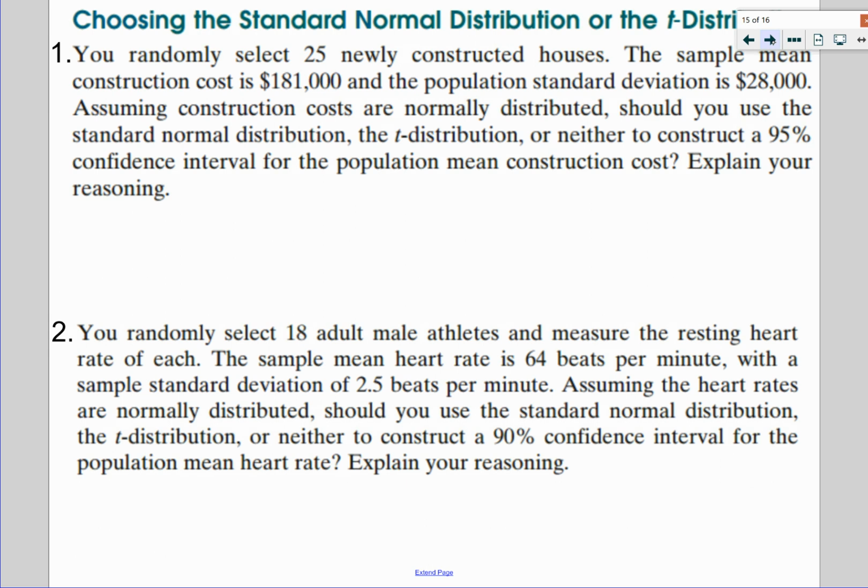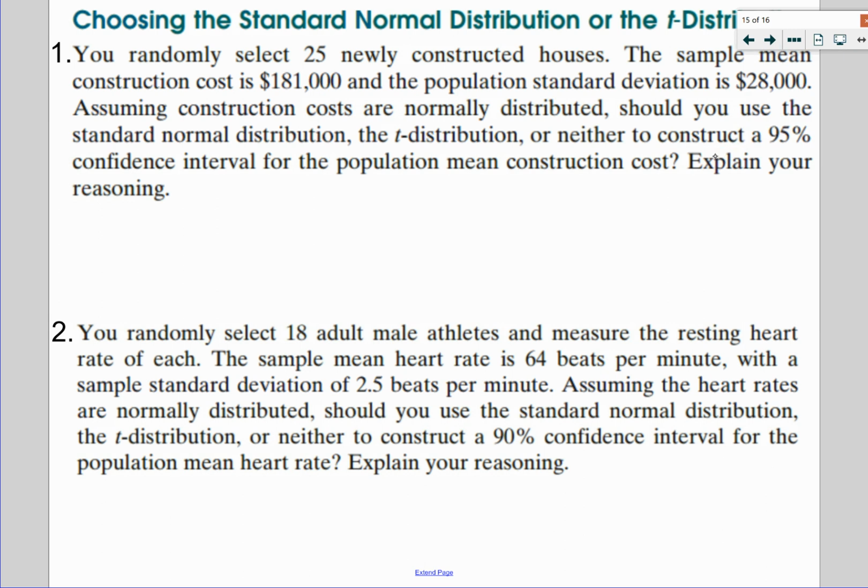The first one says, you randomly select 25 newly constructed houses. The sample mean is 181,000. The population standard deviation is 28,000. Assume construction costs are normally distributed. Should you use the standard normal distribution, the T distribution, or neither to construct a 95% confidence interval? What do you think? Z, T, or none? Let's go through the flow chart.